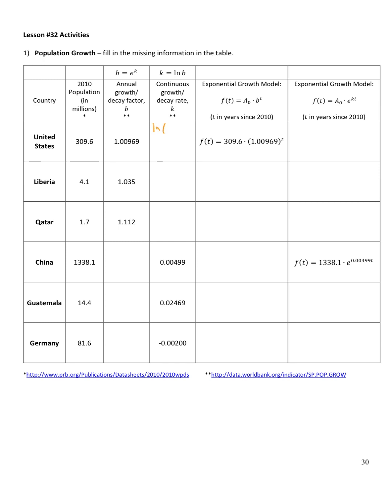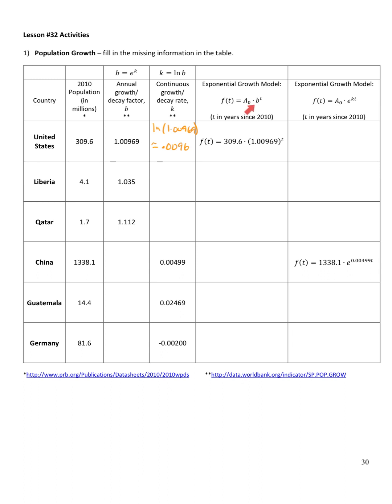I'll write it out for this first one. And that comes out to approximately 0.0096. And then now that I know both B and K, I can create models using A naught times B to the T or A naught times E to the KT.